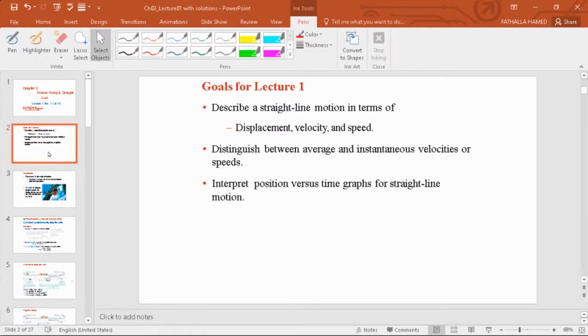And the objectives for today's lecture, the first objective is describe a straight line motion in terms of displacement, velocity, and speed. The second, distinguish between average and instantaneous velocities or speeds. And the third is how to make interpretation from the position versus time graphs for a straight line motion.